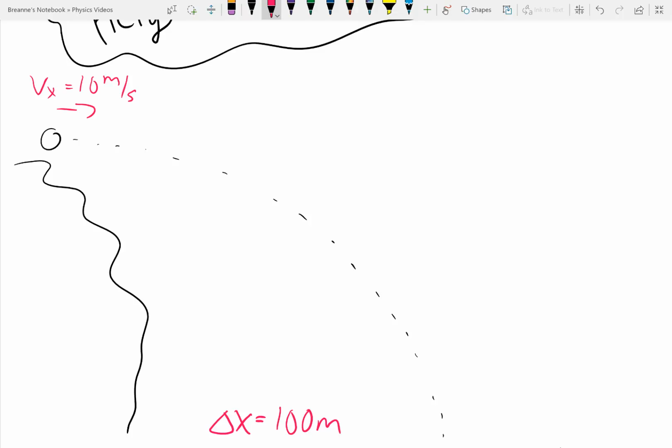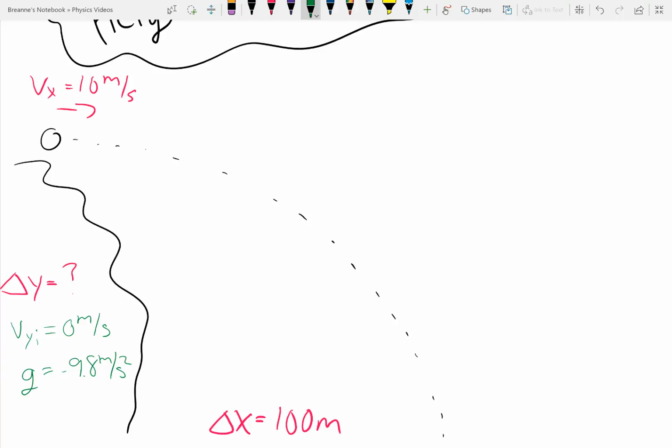And we're looking for how high that cliff has to be. So don't forget about your hidden givens. Your Vyi is going to be 0, and gravity is going to be negative 9.8 meters per second squared.